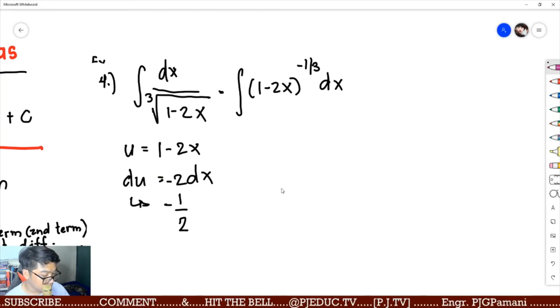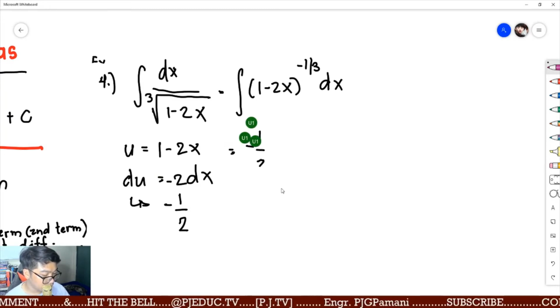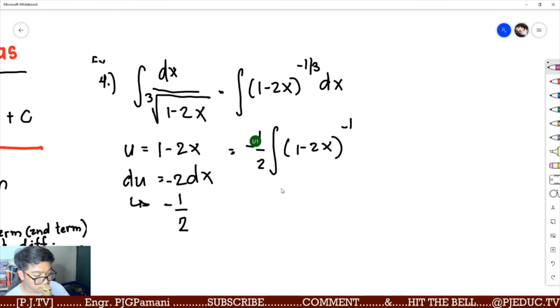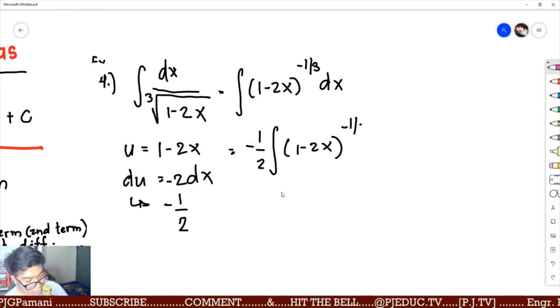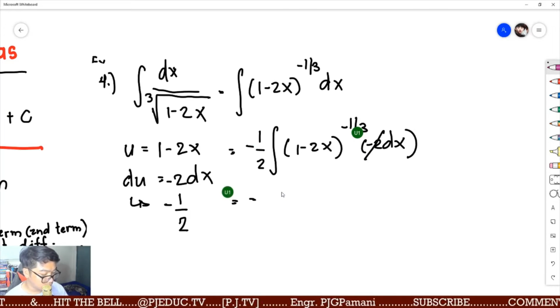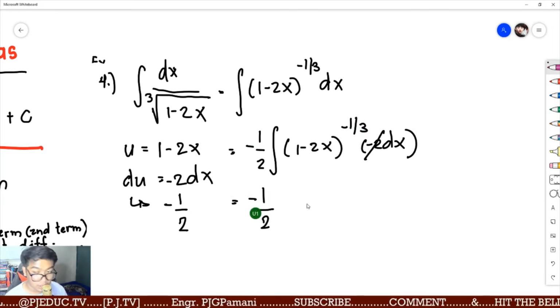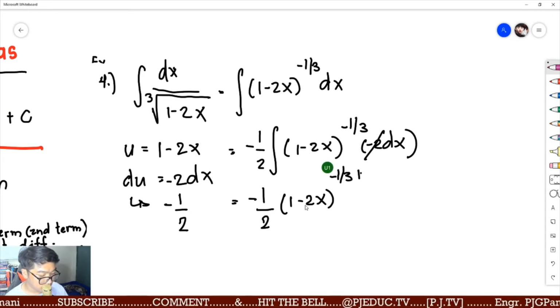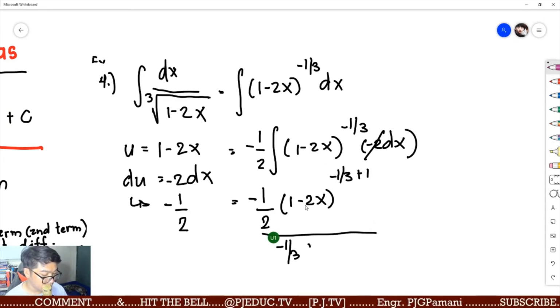By doing so, we put 1/2 as our constant: integral of 1 minus 2x raised to negative 1/3 times negative 2 dx. Cancel that. So this will be our integral form: 1 minus 2x raised to negative 1/3 plus 1 all over negative 1/3 plus 1 plus c.